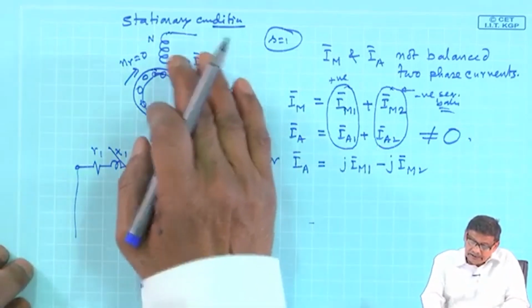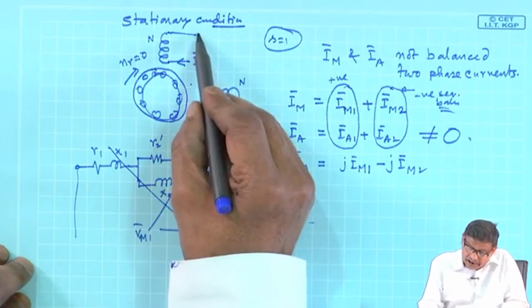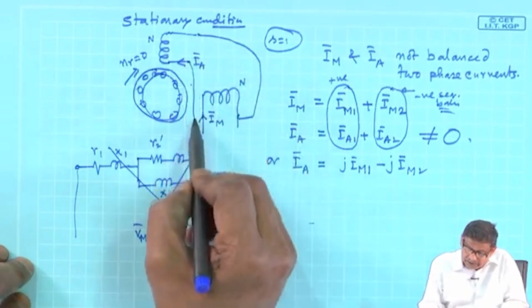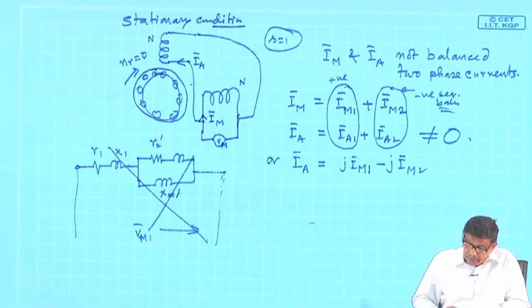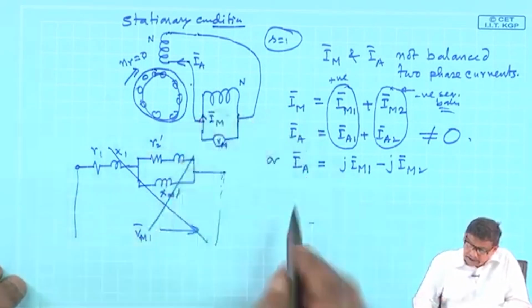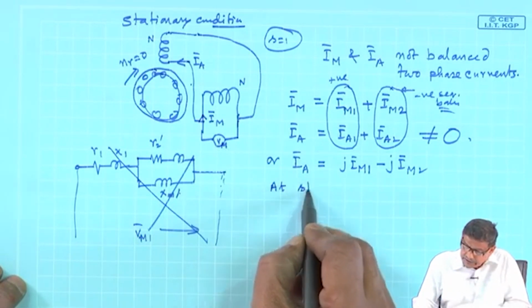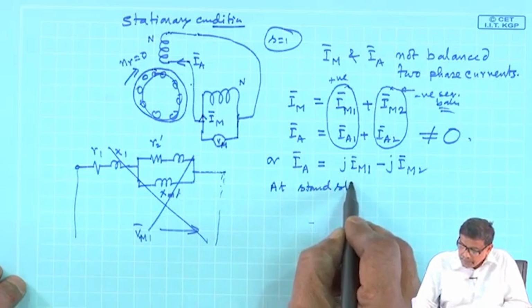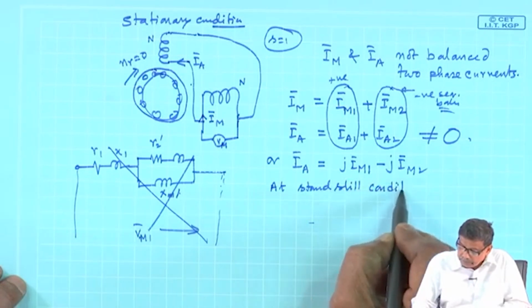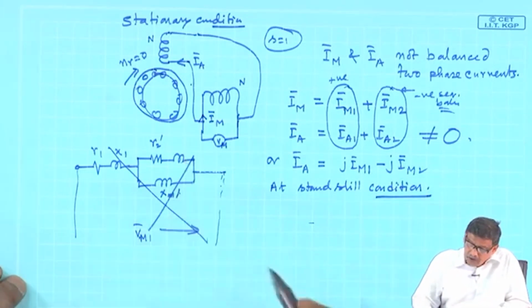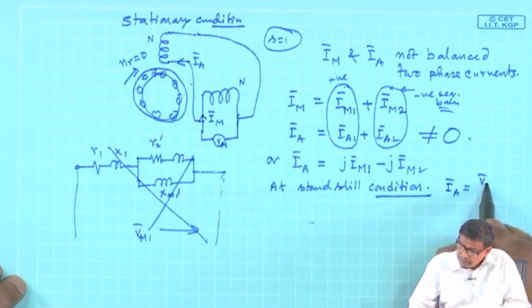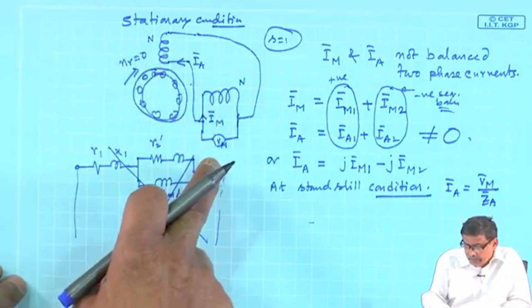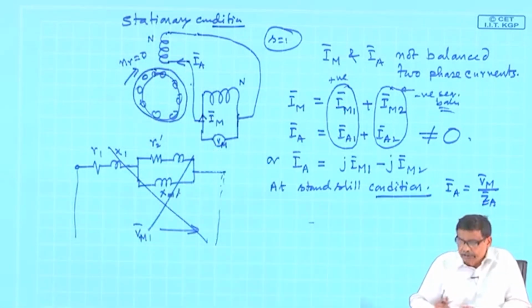Now, the question is, if these two currents are connected across the same supply like this, then at standstill condition the auxiliary winding current will be the applied voltage V bar by the impedance of the auxiliary winding seen by the supply, Z bar A, at standstill condition.